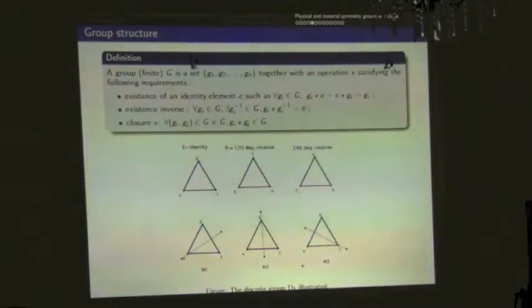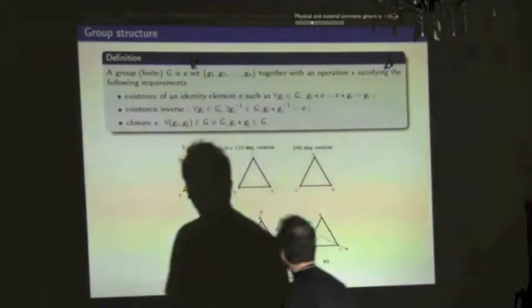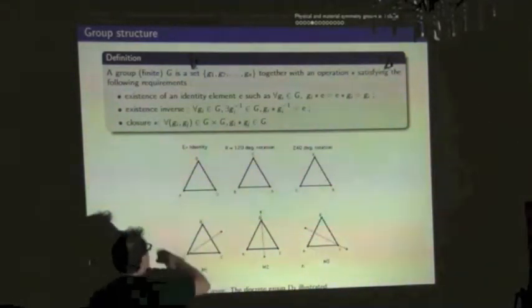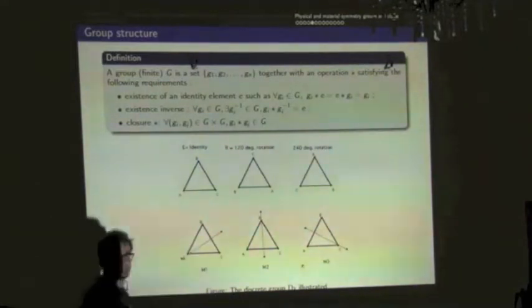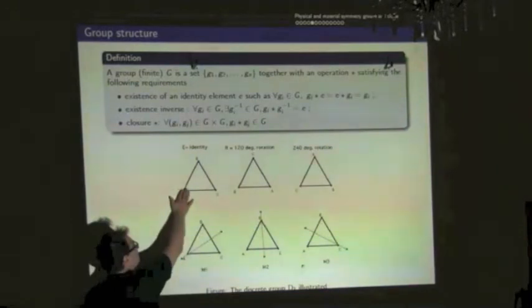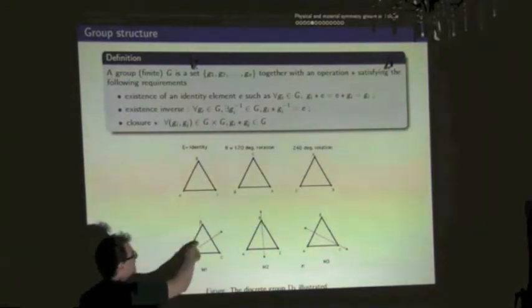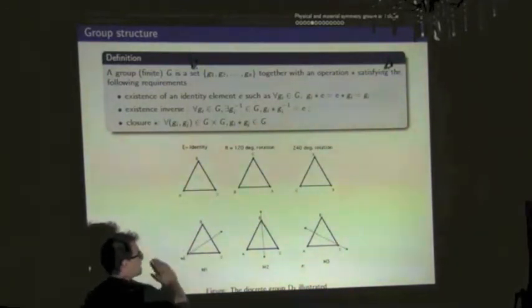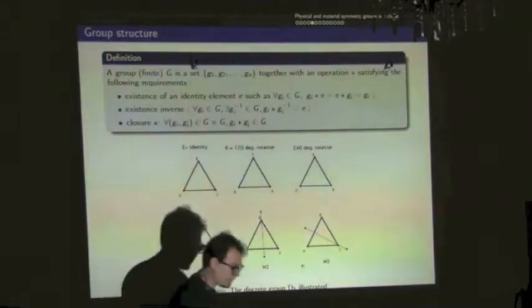It's called D3. D is for dihedral, and it's a group of operations that contains two types of elements. Dihedral means that you will have in your set of operations rotations and mirrors. The rotations are illustrated on the first line, and the mirrors are illustrated on the second line.